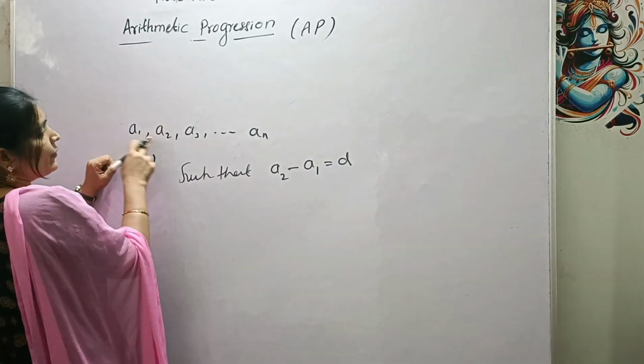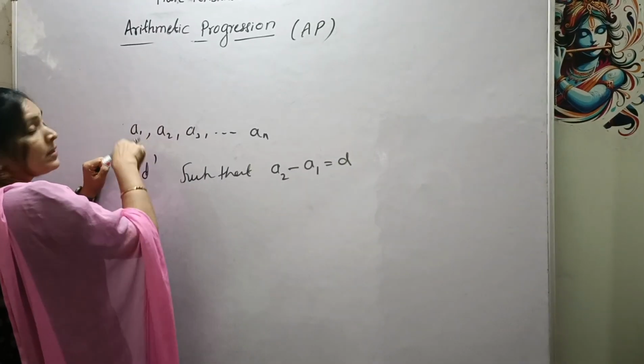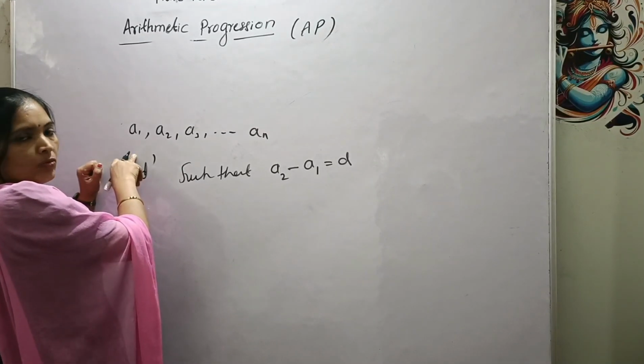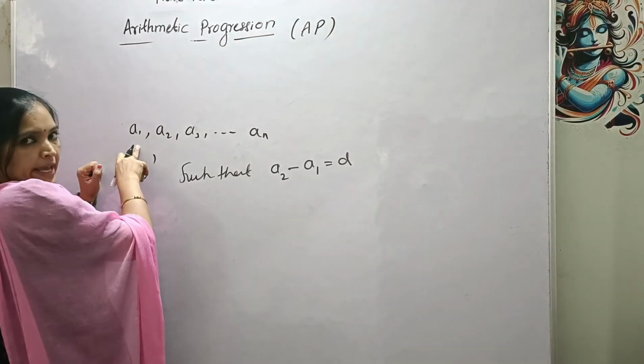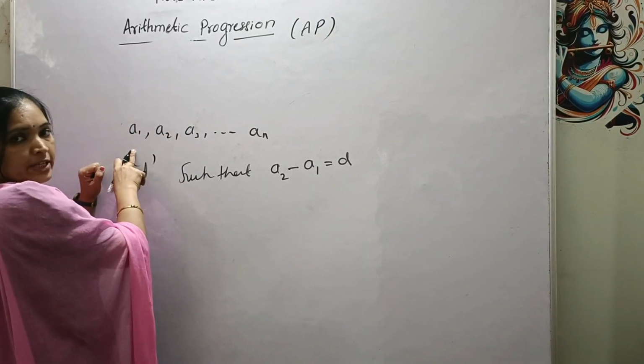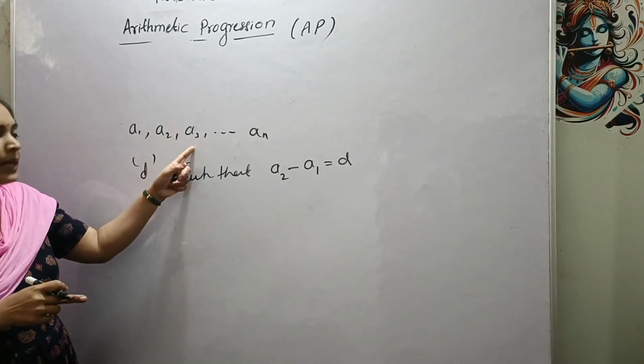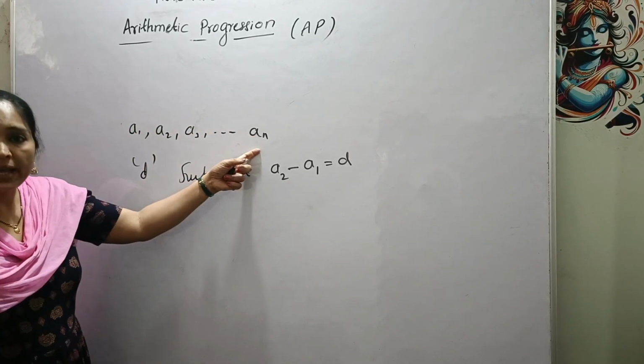Okay, that is the difference of succeeding term and preceding term, that is a2 minus a1, second term minus first term. Here a1 is the first term, a2 is the second term, a3 is the third term, an is the nth term.